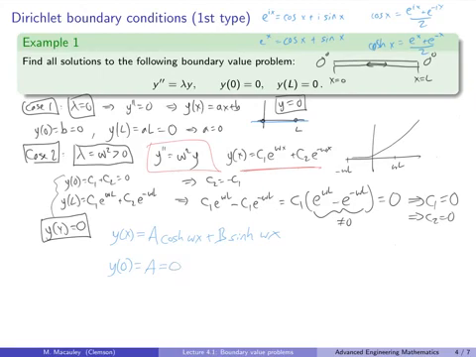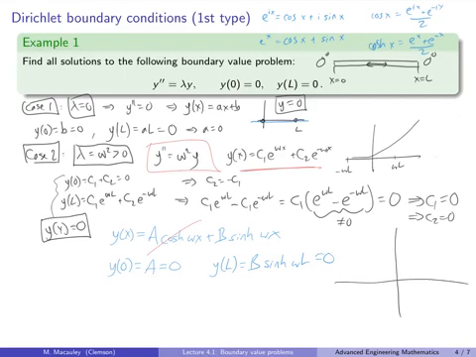So that's very nice. This thing went away. And now let's plug in L. If you plug in L, you get y of L equals b sinh of omega L, and that's equal to 0.